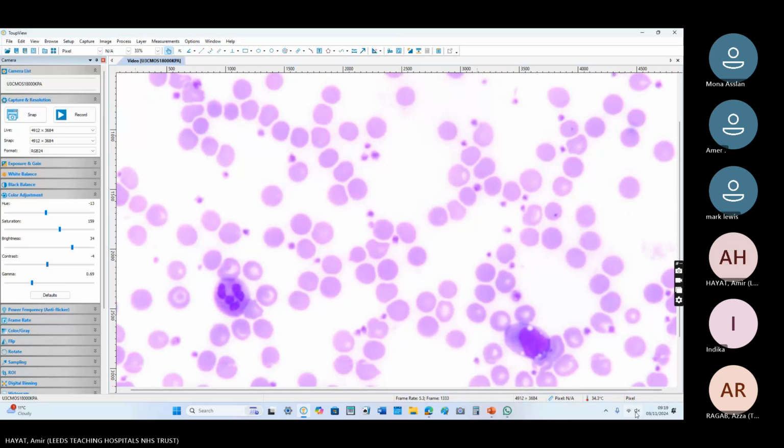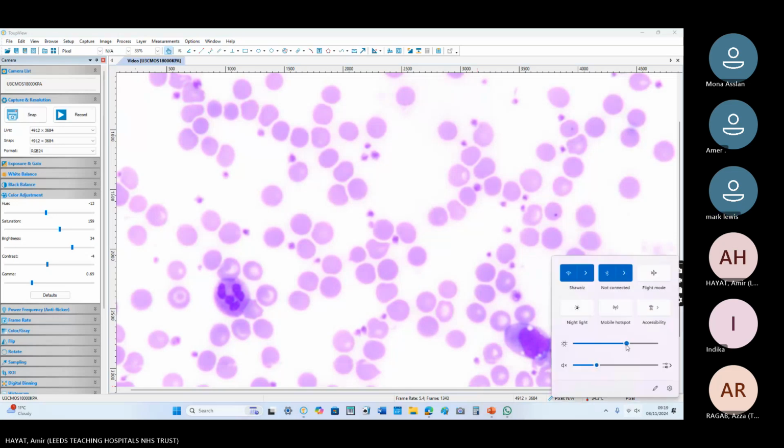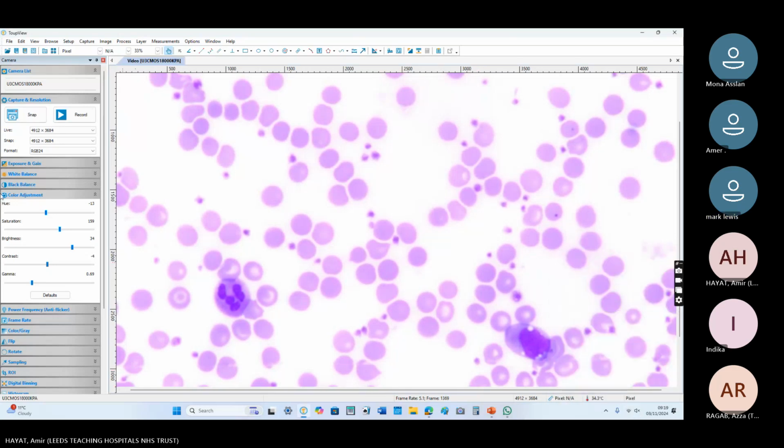So, body cells. Yeah, so you can see high platelet count. Here is a Howell-Jolly body here, and this one as well.